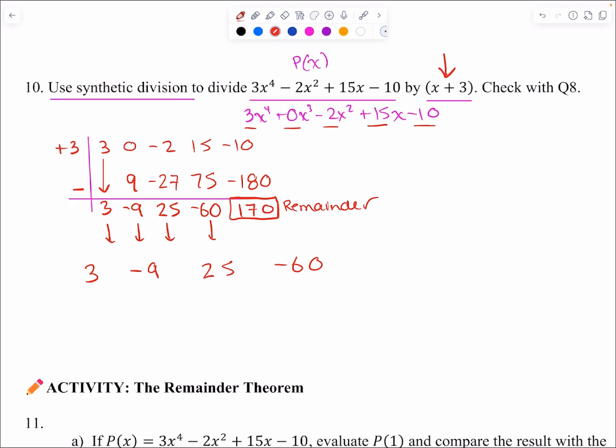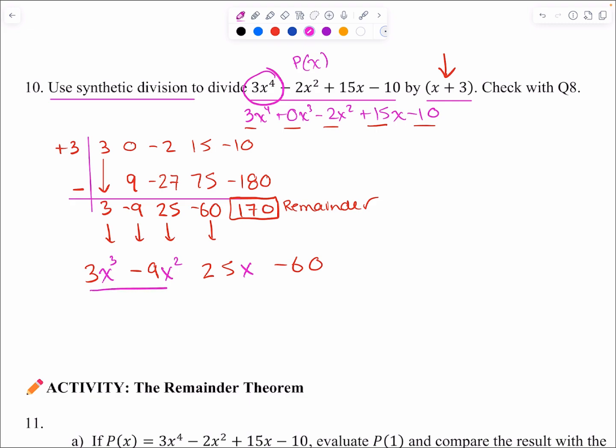Well, they're going to be attached to variables. Now, take a look here. This was a 4th degree polynomial. Well, the quotient that you just came up with in synthetic division is going to be 1 degree less. So it'll be x cubed, x squared, x to the first, and then that last one's your constant.